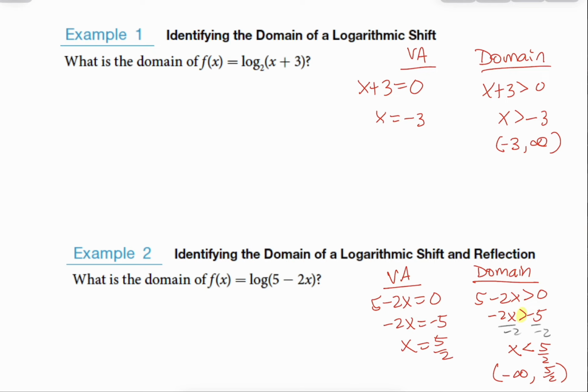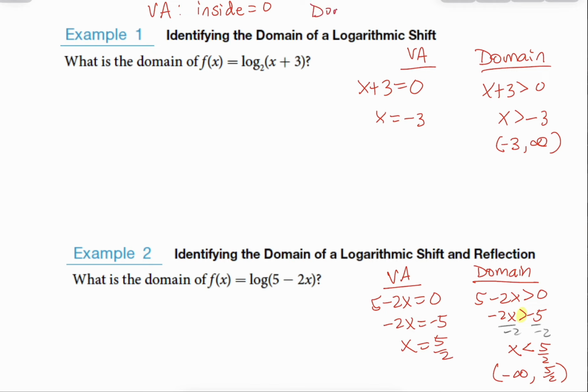So the vertical asymptote of our function is always where the inside equals 0. The domain of our function is where the inside is greater than 0. So make yourself a note that the vertical asymptote is where the inside equals 0.